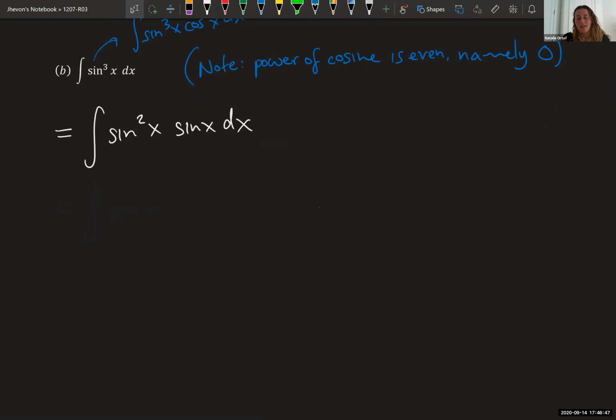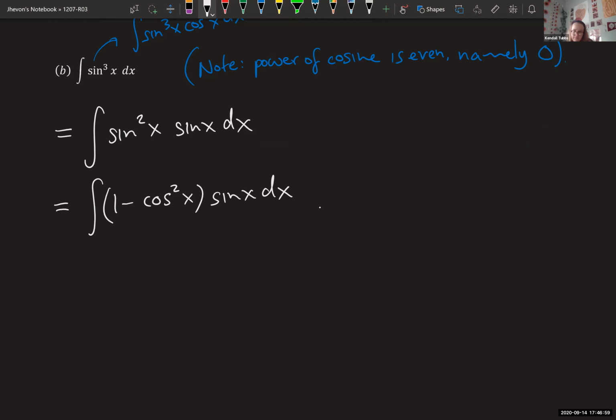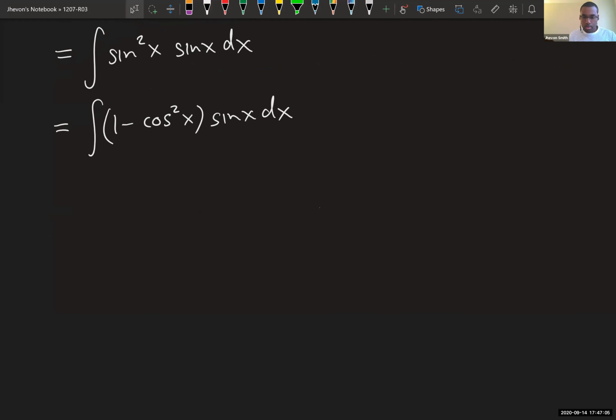Then would you change sine squared x? 1 minus cosine squared x. Then you would make sine x your du, and then you would be negative cosine x, like the last one.